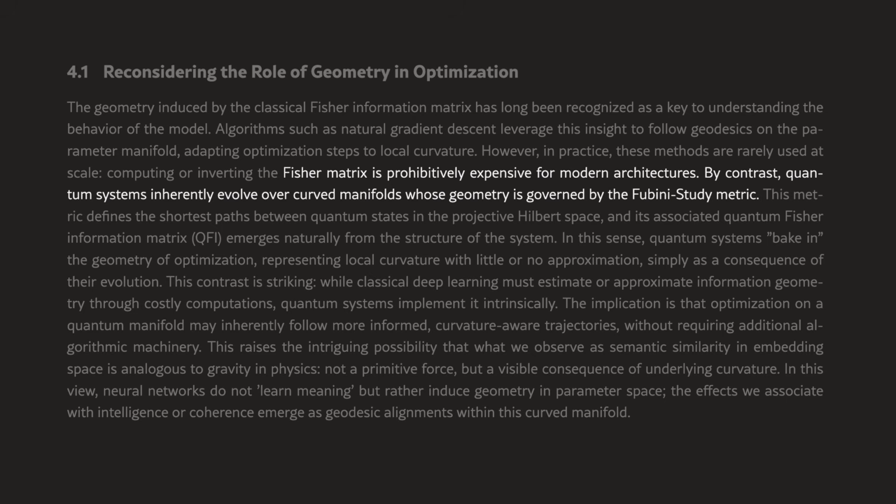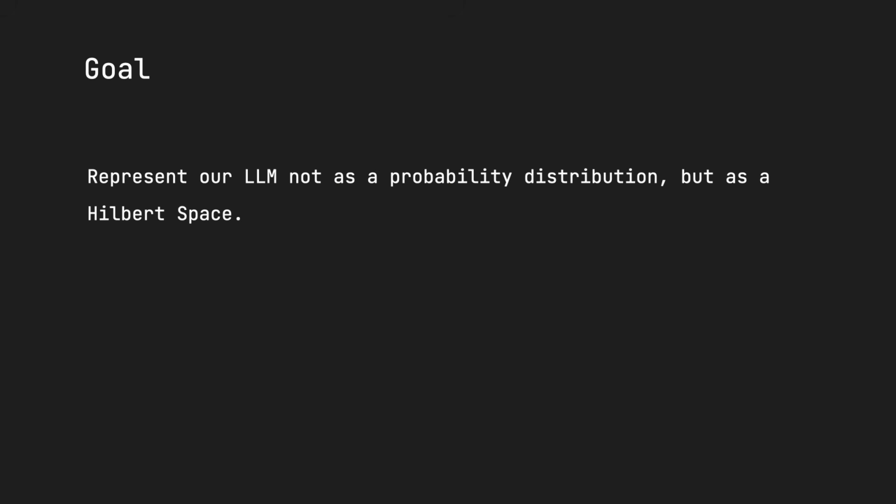This paper is arguing that because this metric is easier to calculate, less expensive, it gives us much richer information about the training space that we could use. So this paper bridges the gap.